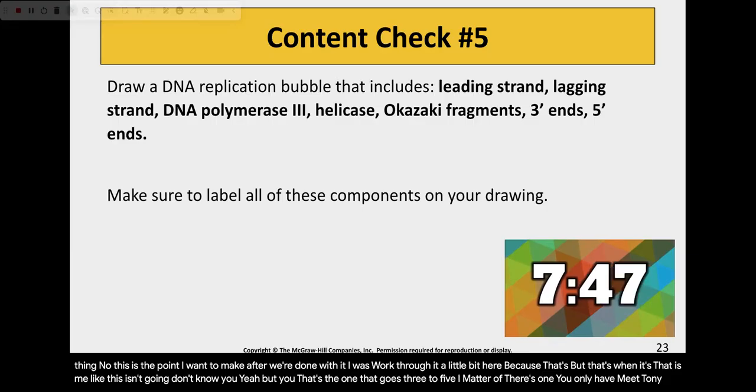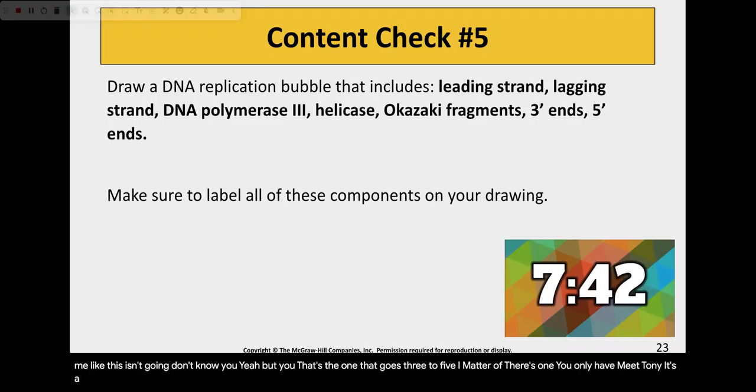So it's able to continuously go 3 to 5 because it reads 3 to 5. But on this side, the top way is 5 to 3, so that's not the leading one on the other side, because you still only read 3 to 5. They're just opposite, because they're going outwards.